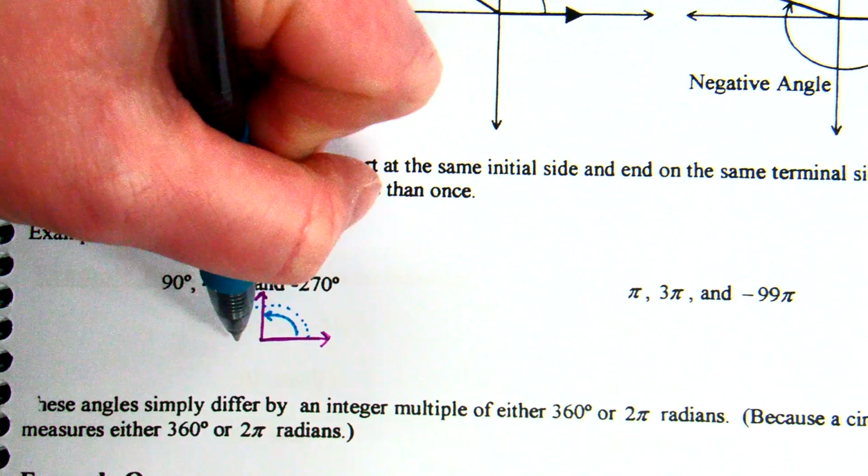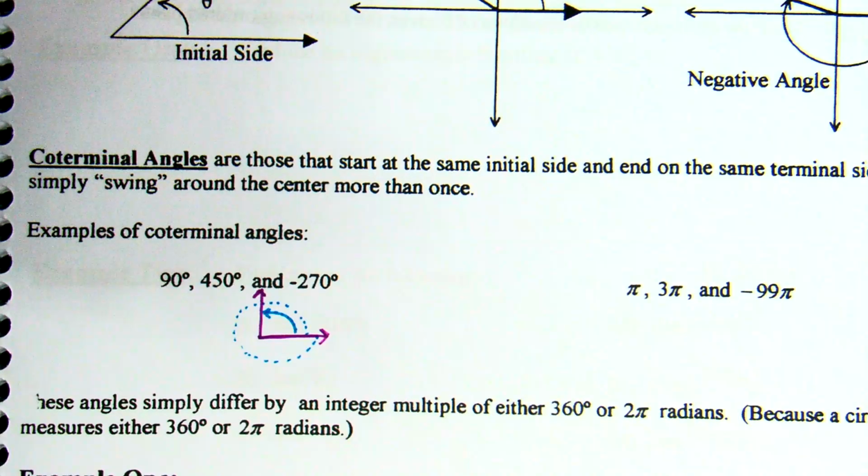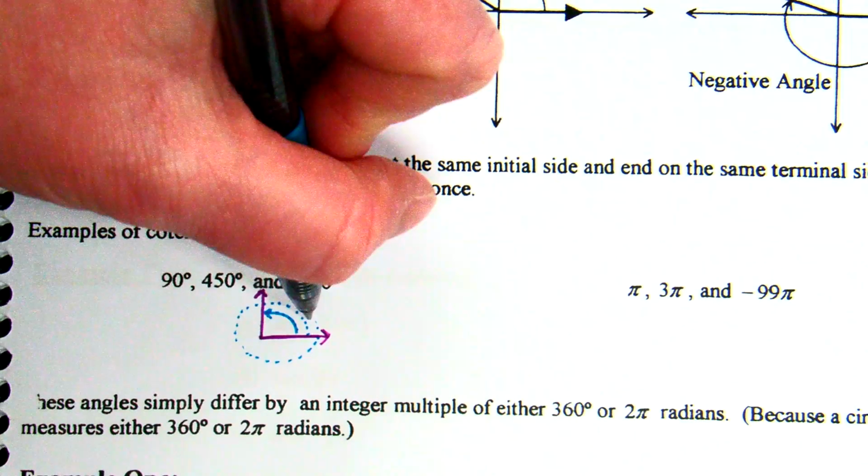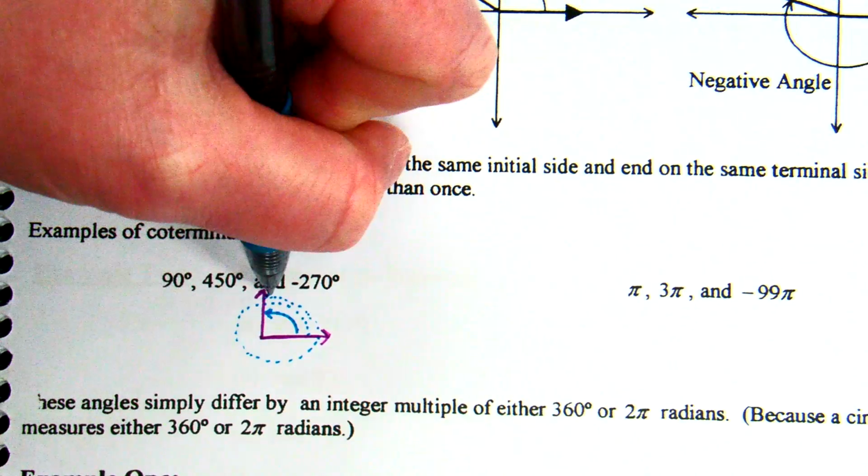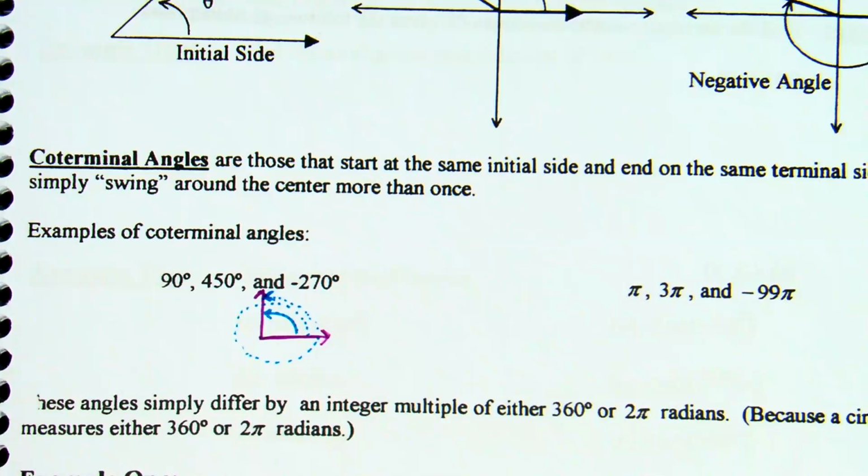So if I go here, right there, I've gone around 360. What do you know about 360 plus another 90? 360 plus 90 is 450. And where did I just end up at? That same place, right? So do you understand how 90 degrees and 450 degrees are the same angle?